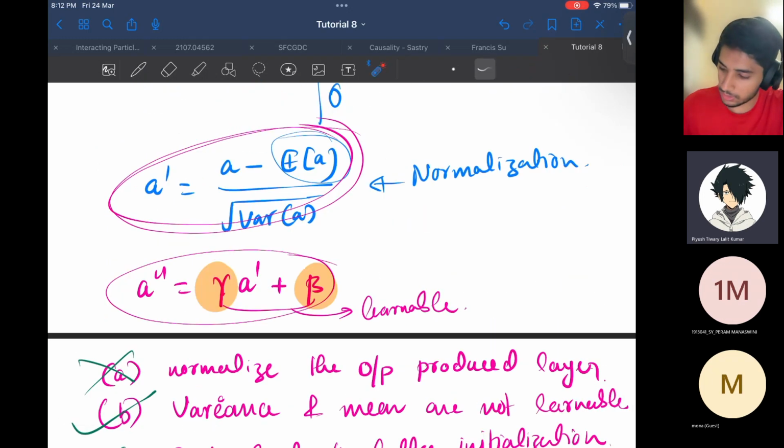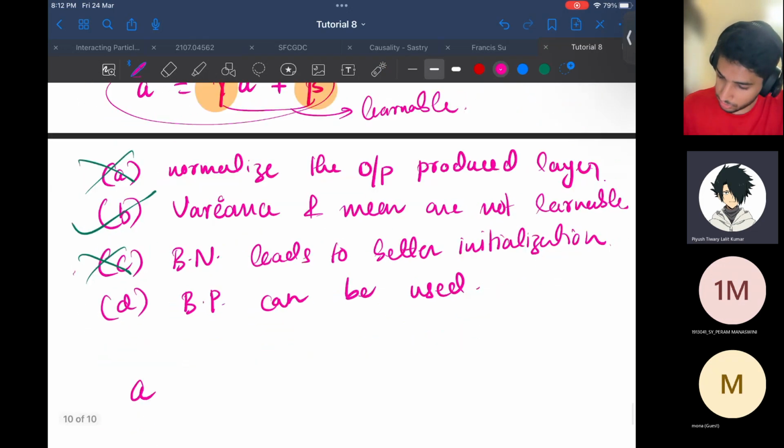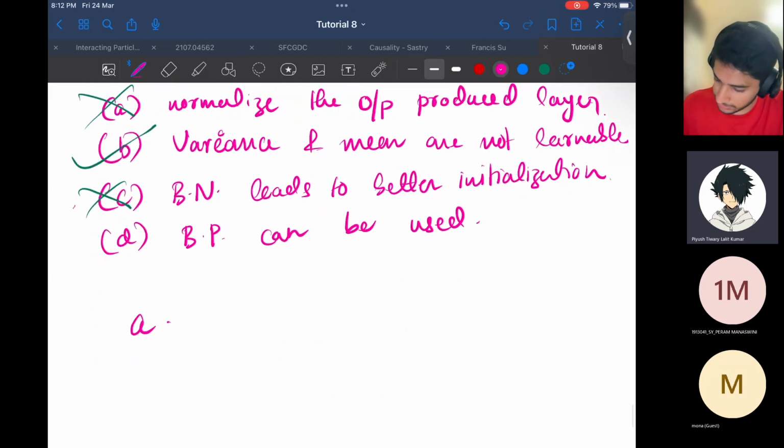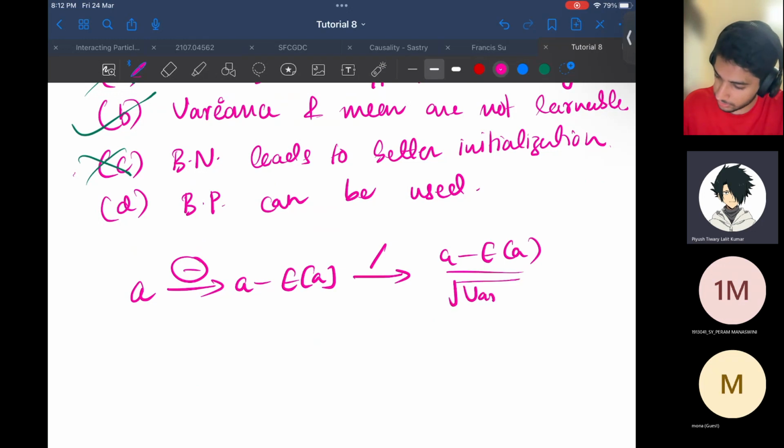Think of it this way: you had an A, and you subtracted E of A from it. So this is the first node of the graph. Then you did a division by some root variance of A.